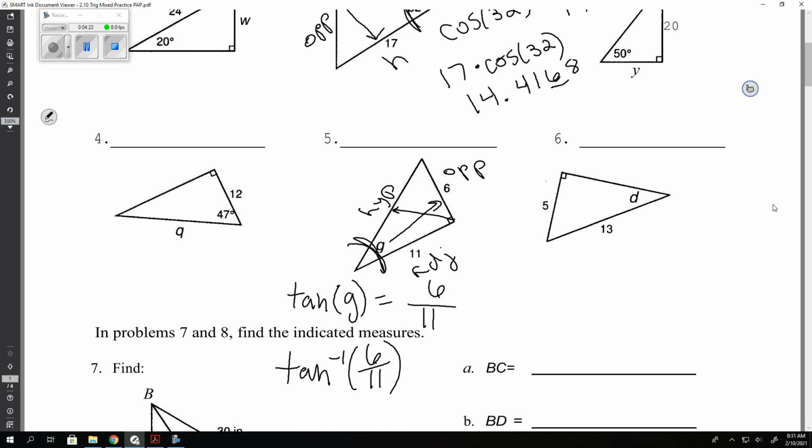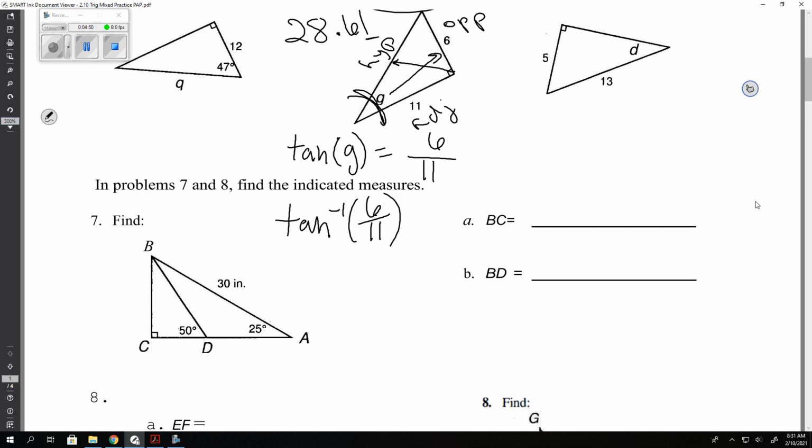And so we get 28.610, right? So 28.61. And then when I round angles to the tenths, we look at that 1, it's not going to make it go up. So it's 28.6. Alright, very good, yes? Okay.